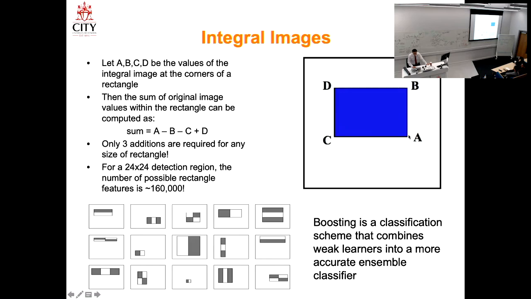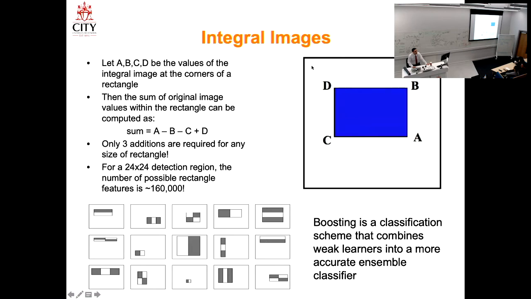I say this box is equal to A, which is this whole area, right? Minus B, which is this whole area here, minus C, which is this whole area here. And because I have deducted this area twice, it was once in B and once in C, I add it once.